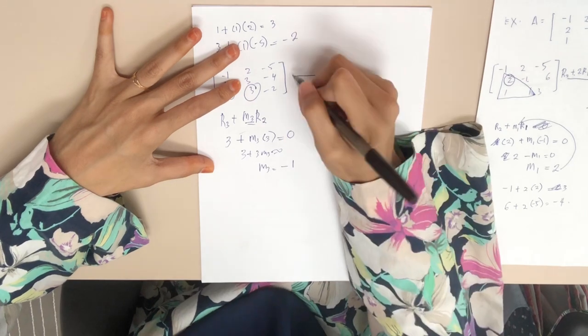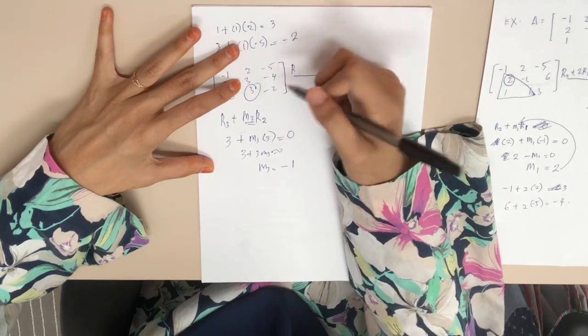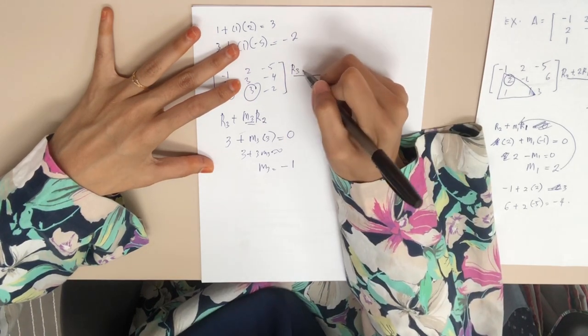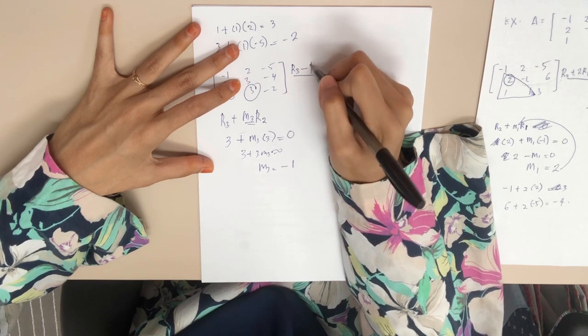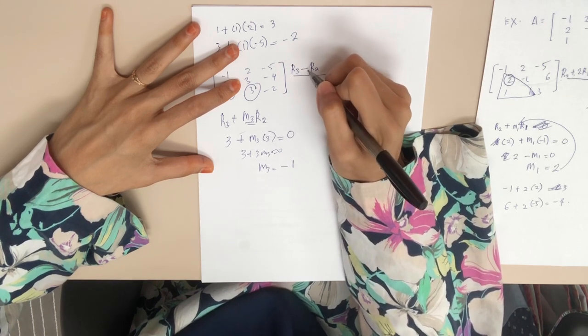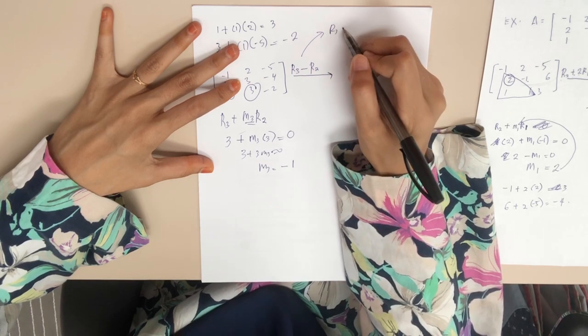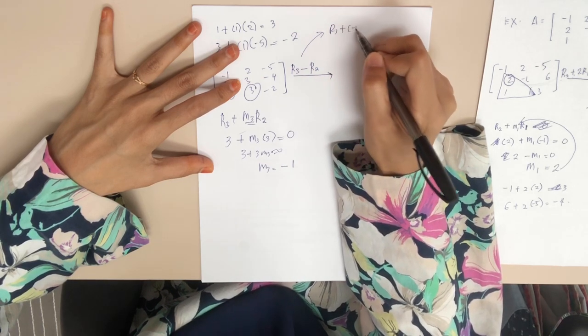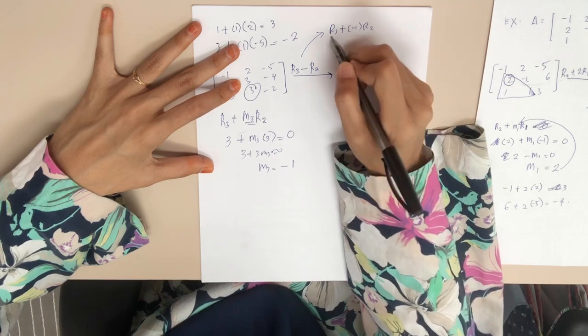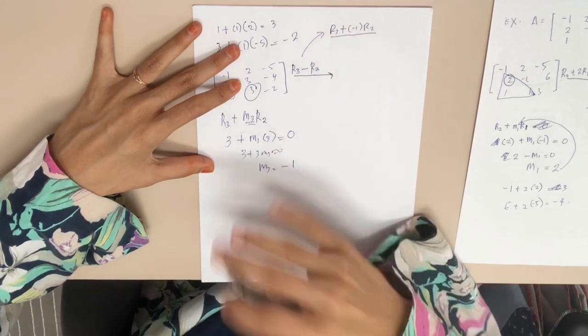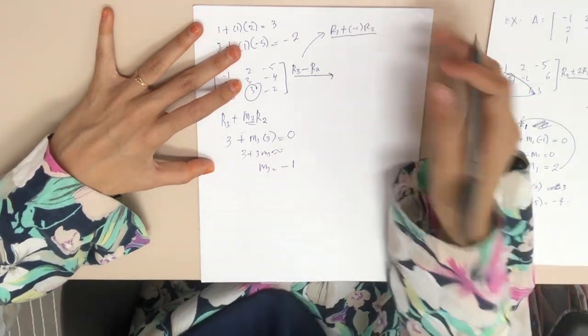So therefore the row replacement operation here is R3 minus R2. Why minus? Because it comes from R3 plus negative 1 R2, right? So instead of writing like this, you can just write R3 minus R2.